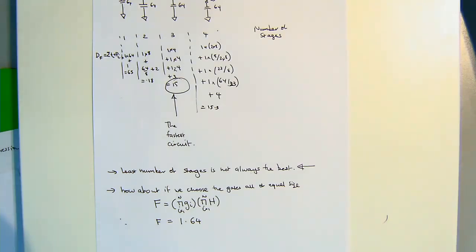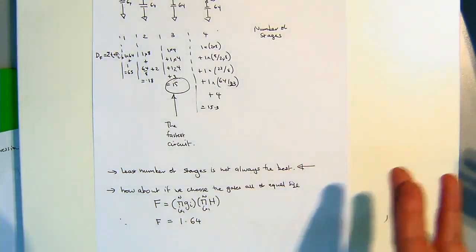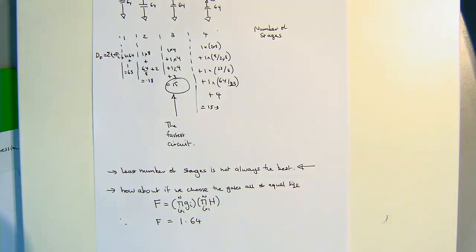If you had 1 gear, it might not be the best. Whereas if you had multiple gears, using the torque of multiple gears, you can actually get more performance. It's the same thing here. That's all we're pointing out: intuitively you might think the least number of stages is the best, but that's not necessarily the case.